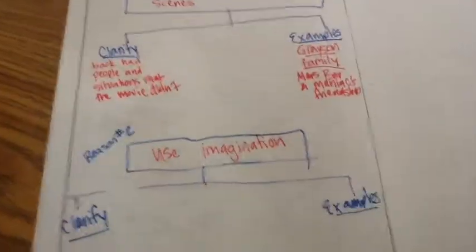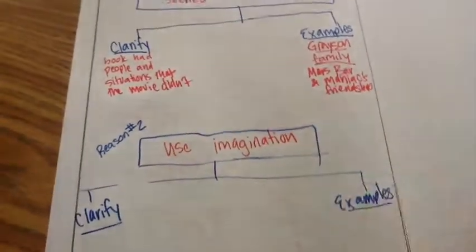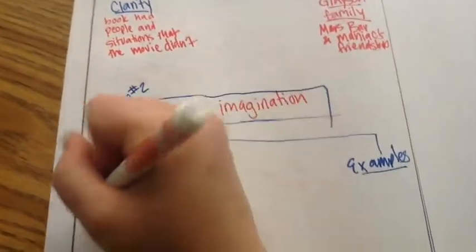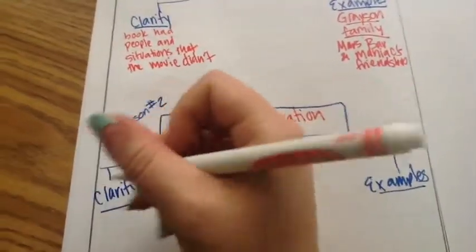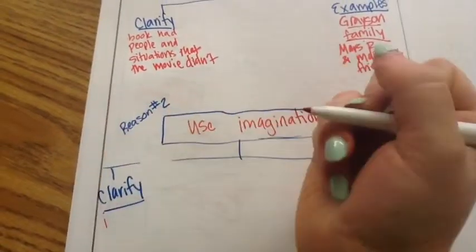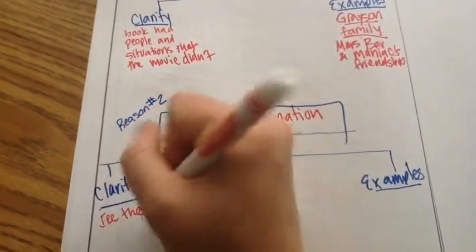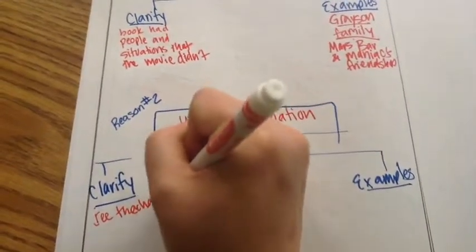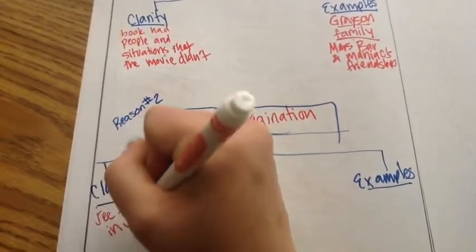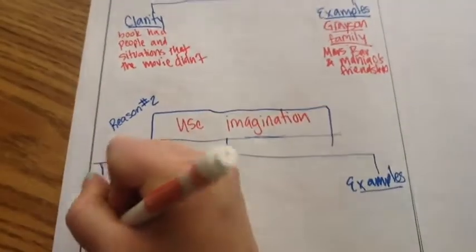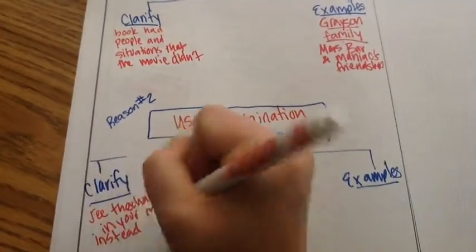So what do I mean that it lets me use my imagination? Well, when it doesn't just show you the pictures, then you can imagine what they look like and imagine what the characters look like. So you can see the characters in your mind instead of someone deciding.